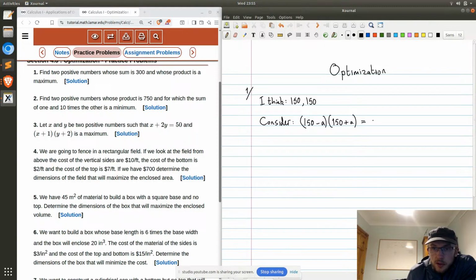And then when you expand this out, 22500. Sorry. What's this pattern called again? Difference of two squares, beg your pardon. That is a square number, and the only way to minimize that is to set A to be 0.